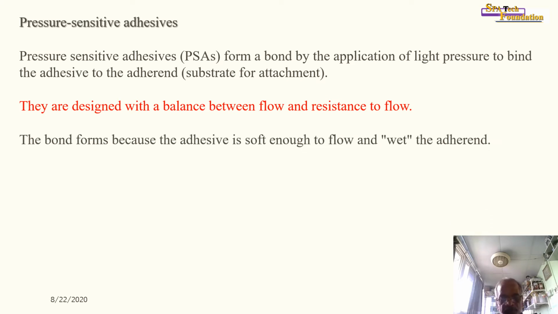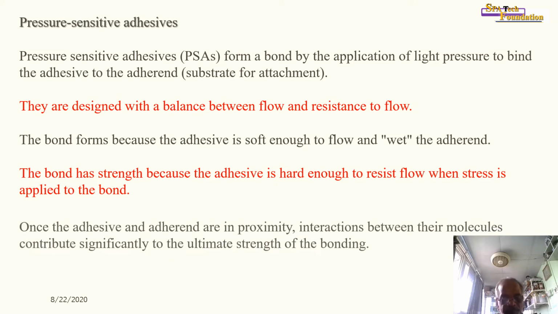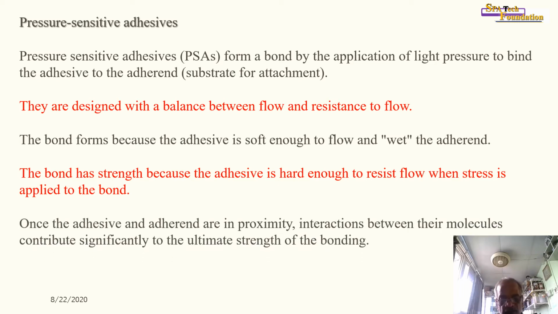The bond forms because the adhesive is soft enough to flow and wet the adherent. The bond has strength because the adhesive is hard enough to resist flow when stress is applied to the bond. Once the adhesive and the adherent are in proximity, interaction between their molecules contributes significantly to the ultimate strength of the bonding.